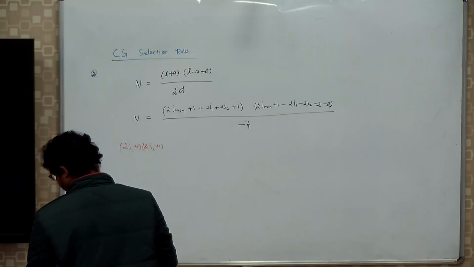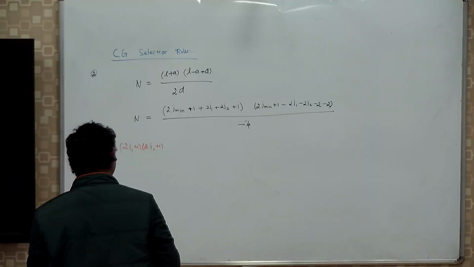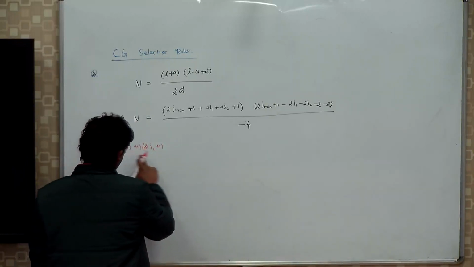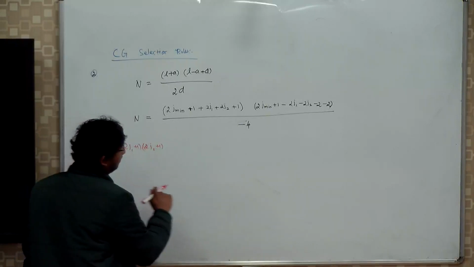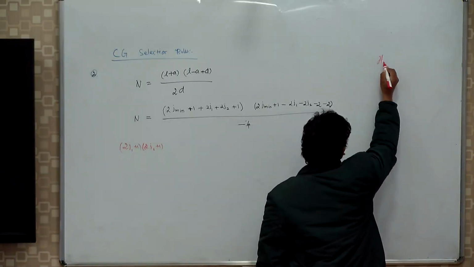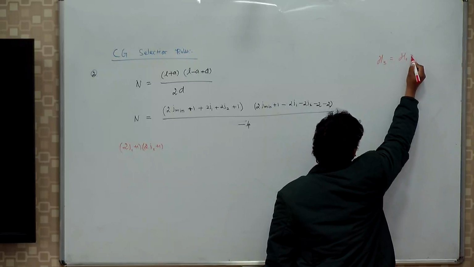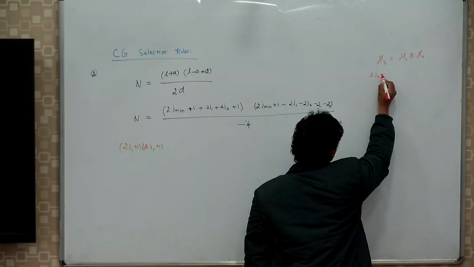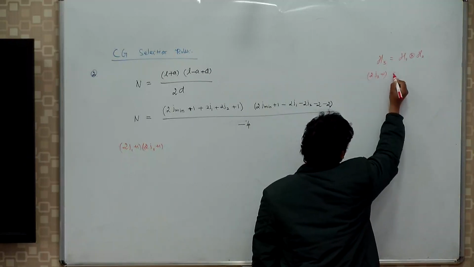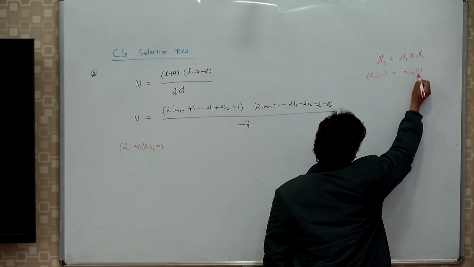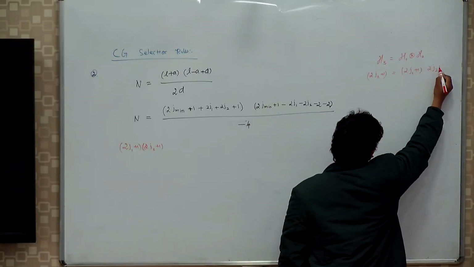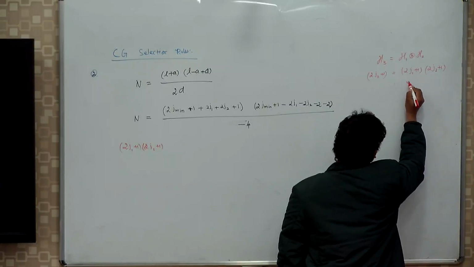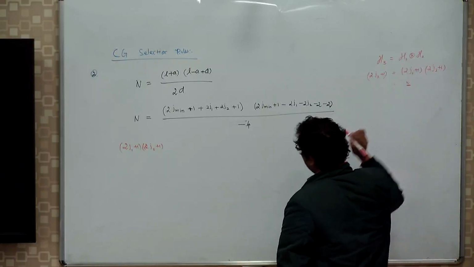So the number of elements for the H3 Hilbertian space can be written as that. H3 is nothing but H1 times H2, the number of elements 2j3 plus 1 is equal to 2j1 plus 1 and then 2j2 plus 1. We are taking this one, it will give you the number of elements present in this Hilbertian space.